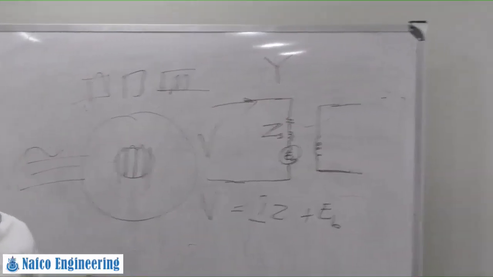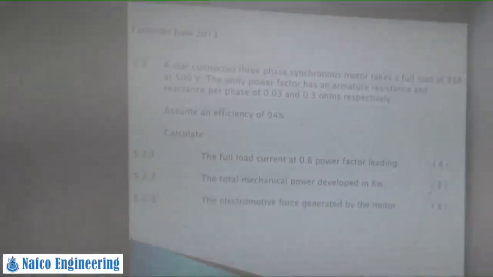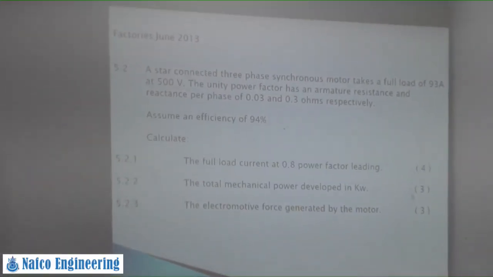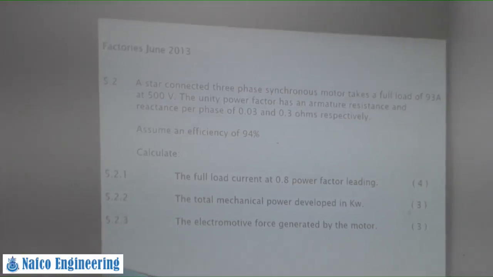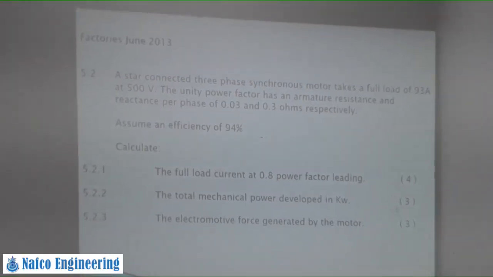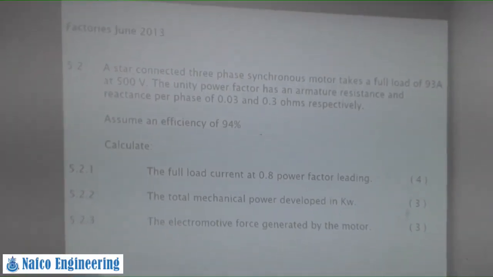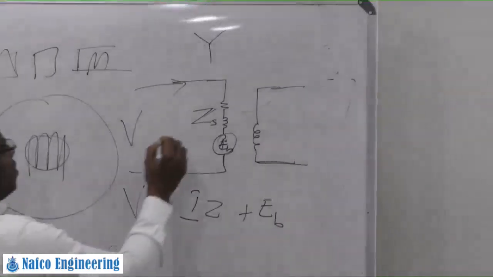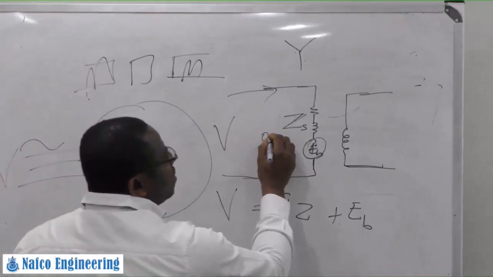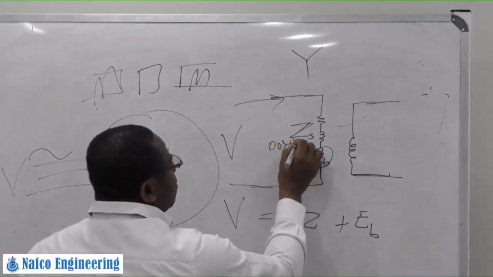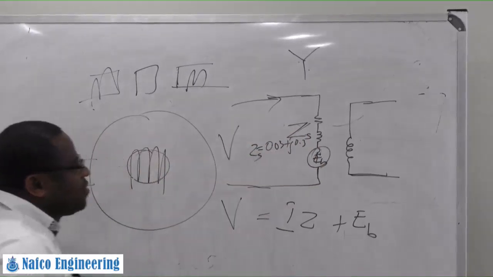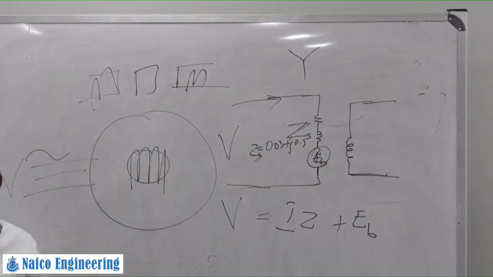And it takes 500 volts at unity power factor, has an armature resistance and reactance per phase of 0.03 plus 0.3 ohms, respectively. So we are given this now: 0.03 plus j0.3. That is your ZS given to you. Okay?